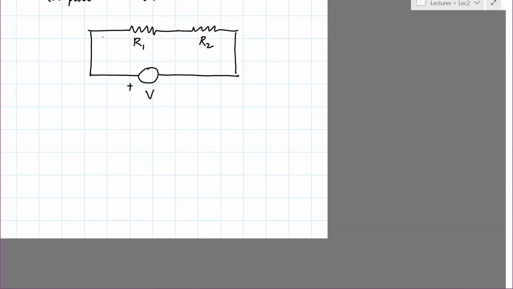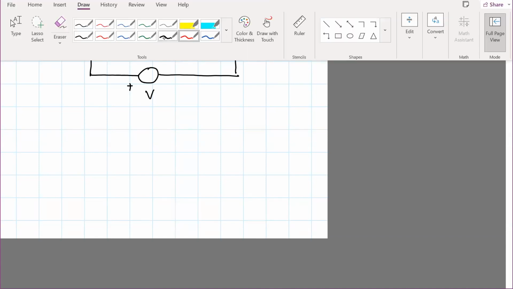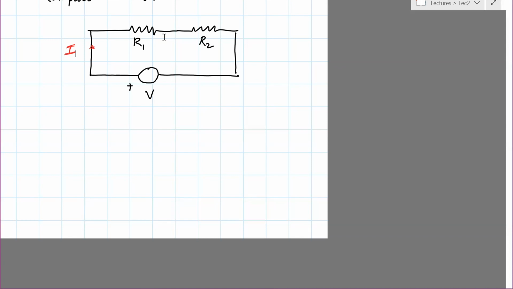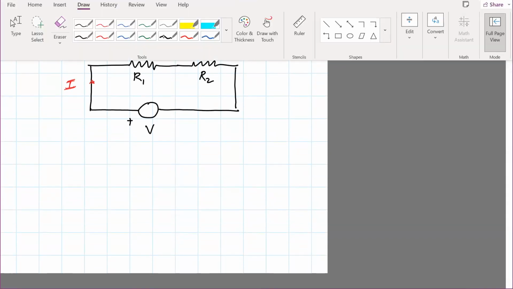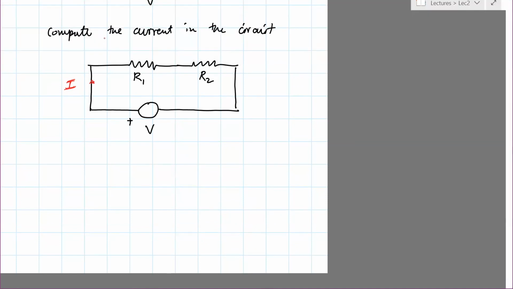Okay, start by assuming some direction for the current. You can assume either direction, it's fine. Let's just assume it this way, I. And here we have the choice. We can use either KVL or KCL. It's good to think in terms of voltages so that you can then look at other things.